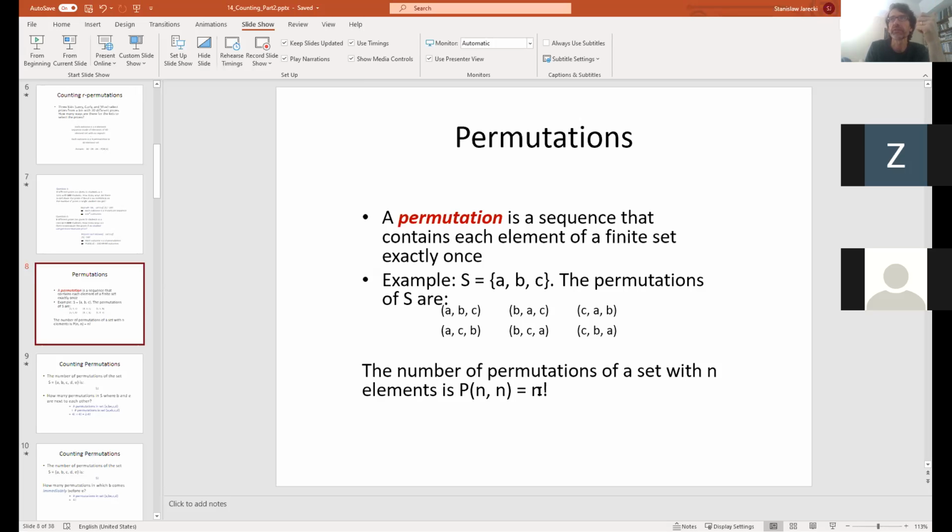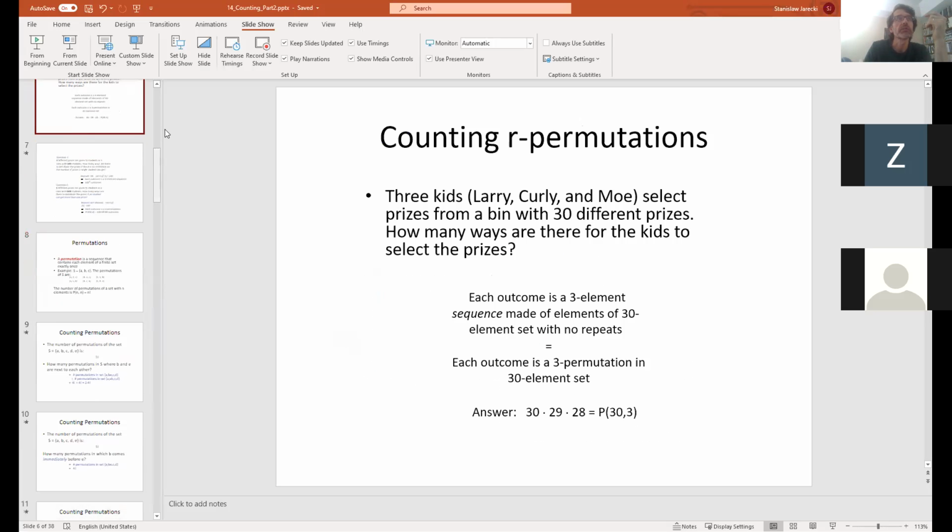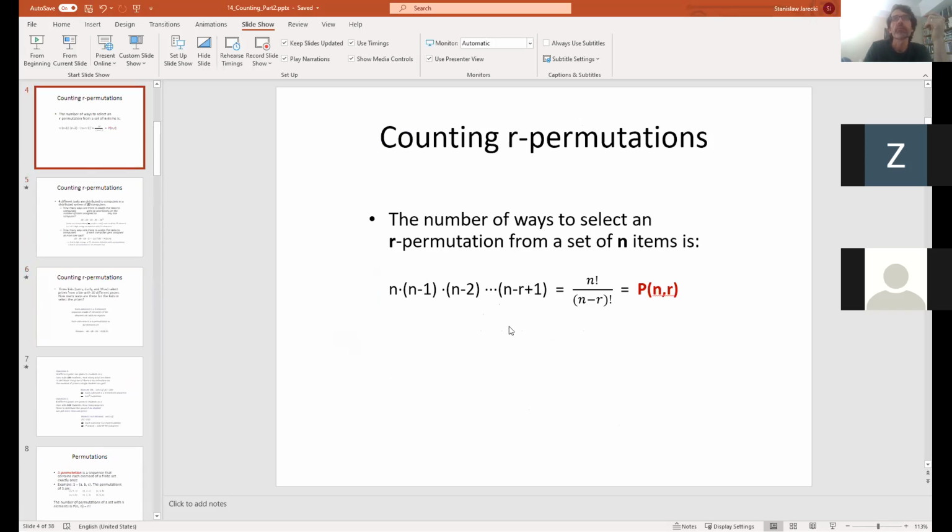Because I have n choices for the first, n minus 1 choices for the second, n minus 2 for the third, etc., all the way down. So it's just n factorial. If you take this formula and instantiate it with r equal to n, because you take all of them, then this becomes n minus n, so it's 0. 0 factorial is 1. So it's simply n factorial, right?